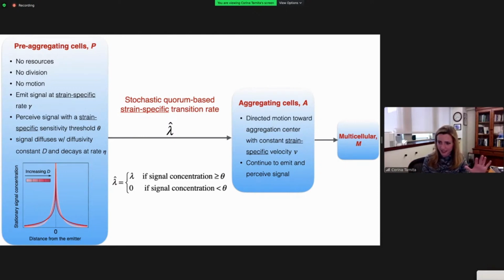All strains can sense that signal, but the rate at which it is being emitted is strain-specific, and that rate is gamma. They're going to perceive the signal with a strain-specific sensitivity threshold theta. And then that signal diffuses away. It's the same signal, so this is not strain specific. It has a certain diffusivity constant d and decays at rate eta.